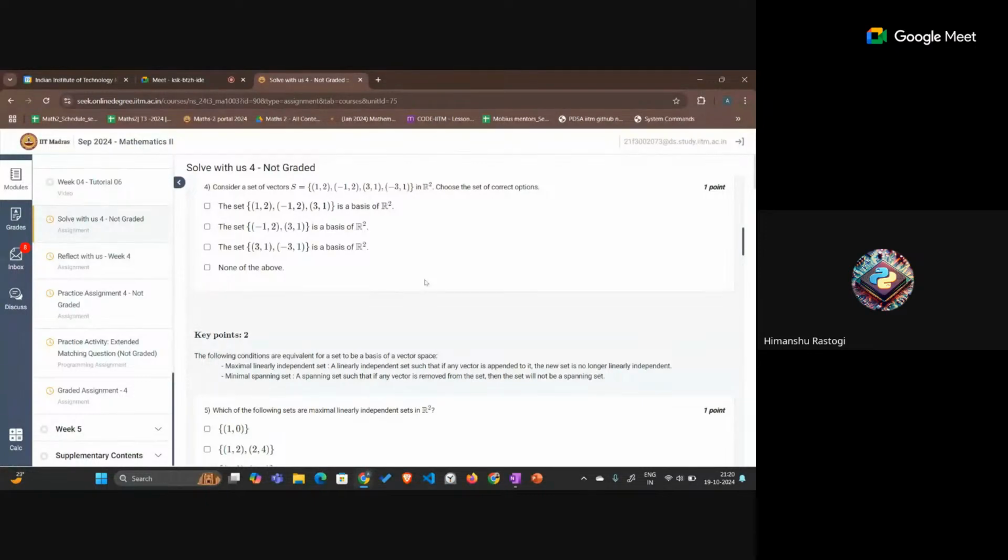Sir, in a basis, can we consider that the zero vector is always there, but we don't count it in cardinality? Yes, a very important point. The zero vector is always included. In a basis we don't write the zero vector, but zero is a linear combination of the basis vectors.